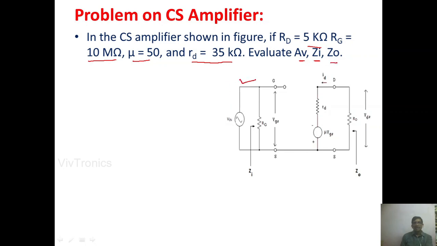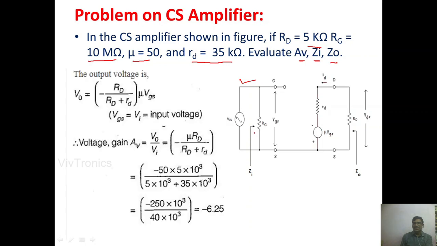So I have drawn the equivalent circuit for the CS amplifier. From this we can get V0 equal to minus mu VGS RD by rd plus RD, and the VGS is the input voltage, which is nothing but VI here. The voltage gain is equal to what? V0 divided by VI, which is nothing but V0 divided by VGS. So here minus mu RD by rd plus RD is the equation.